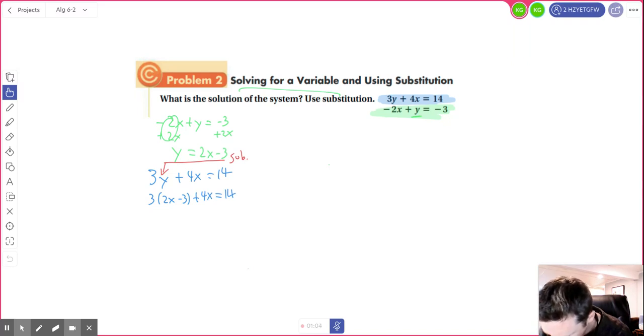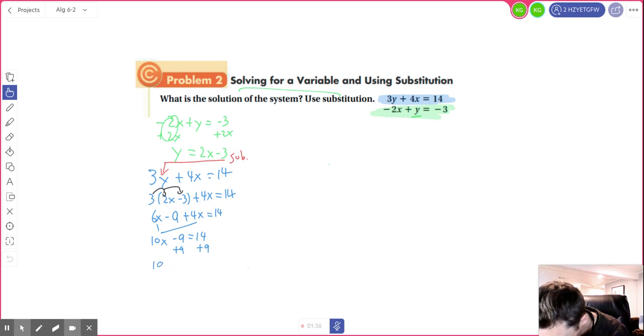First, I'm going to distribute the 3, and that gives me 6x minus 9 plus 4x equals 14. And now I'm going to combine my x's to be 10x minus 9 equals 14, and then plus 9 on both sides.